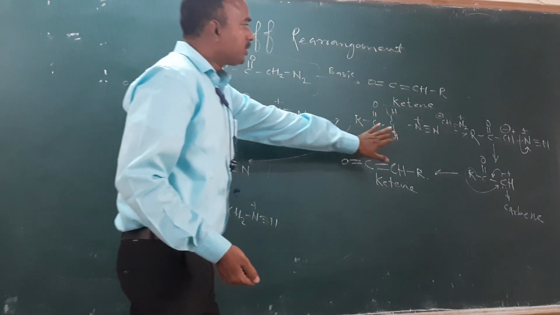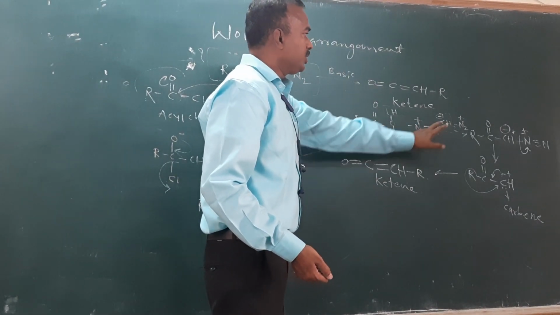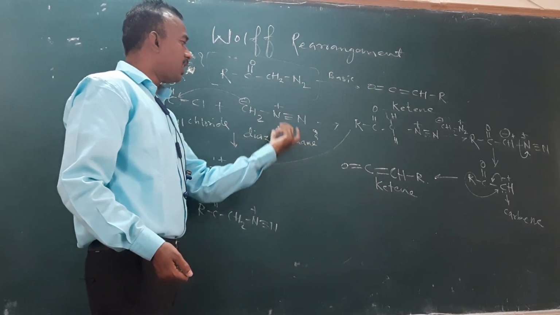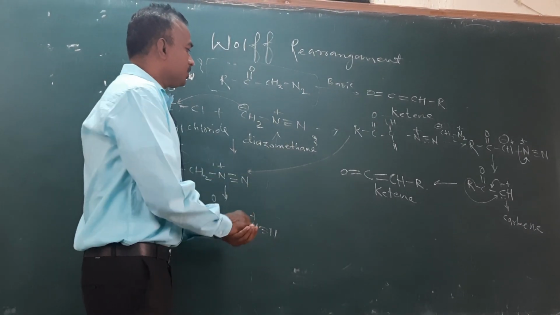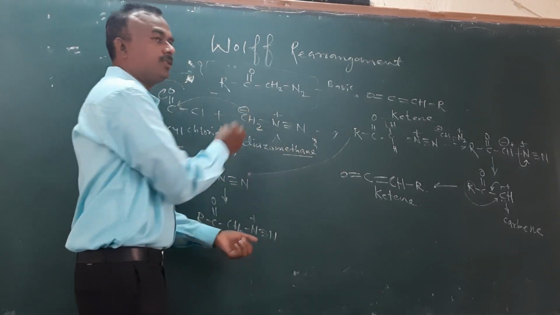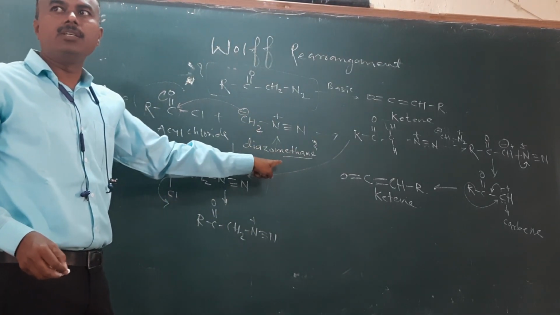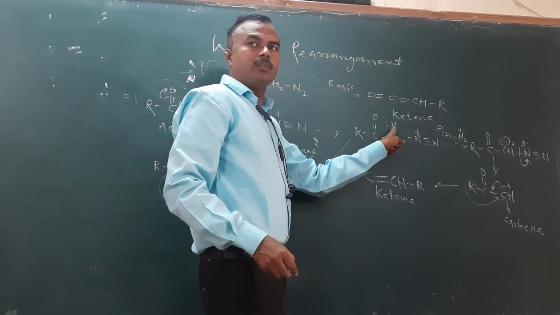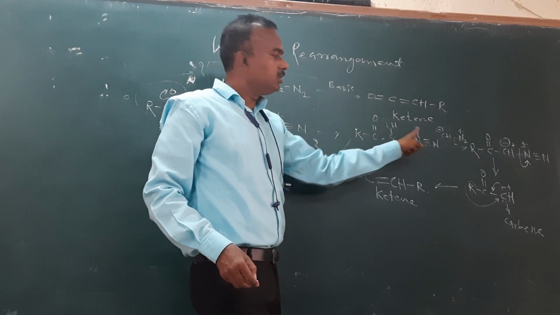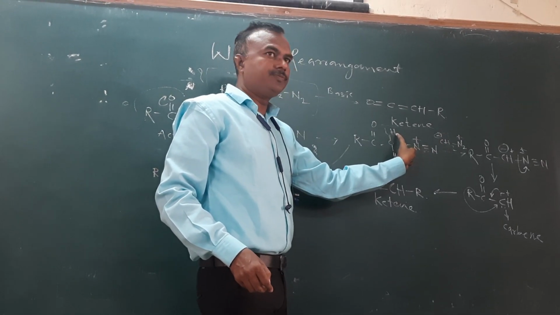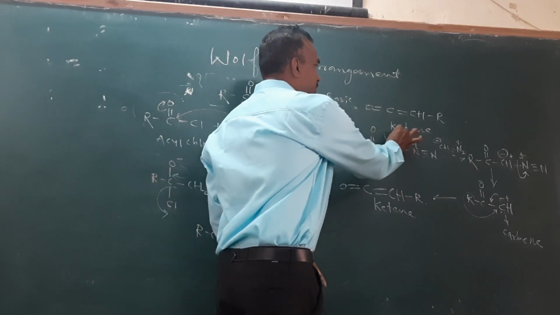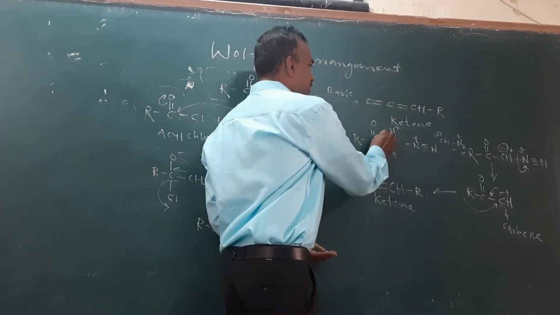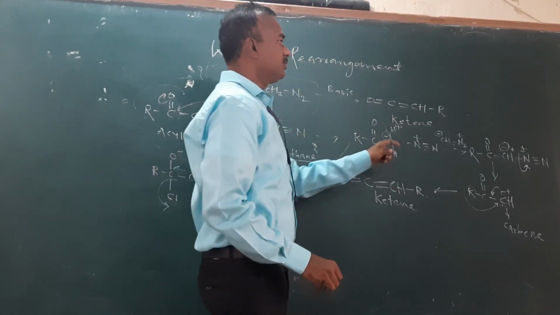This alpha diazoketone, again with addition of the anionic form of diazomethane, will take the proton. So here, positive means what will be the charge here? Negative charge.